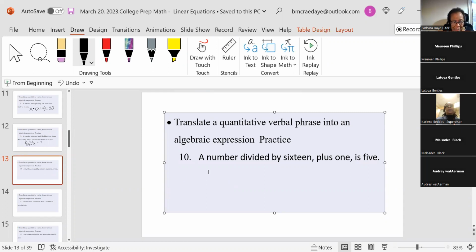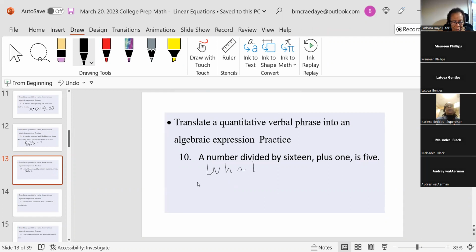That means you've got to write it and then solve it. Write the expression and then solve it. What is the number? A number divided by 16, plus 1, is 5.